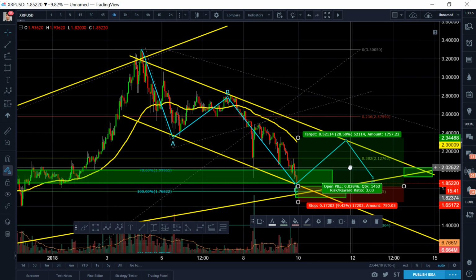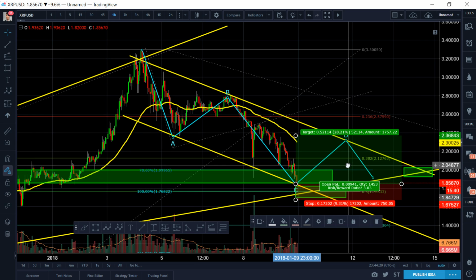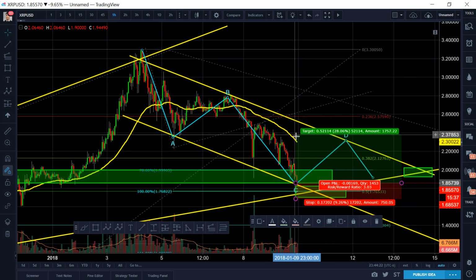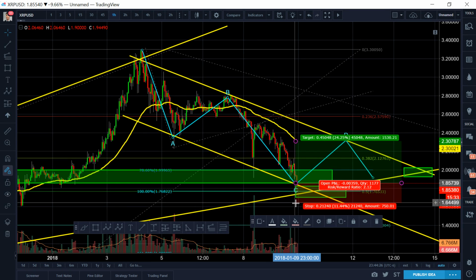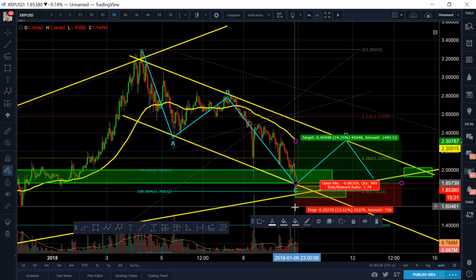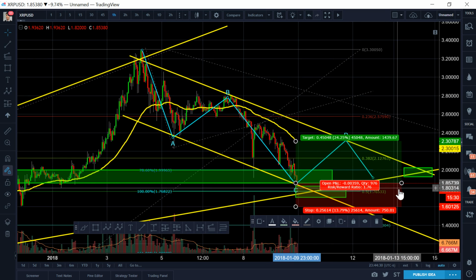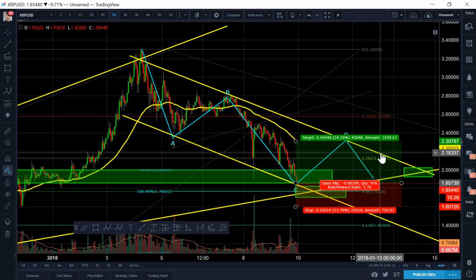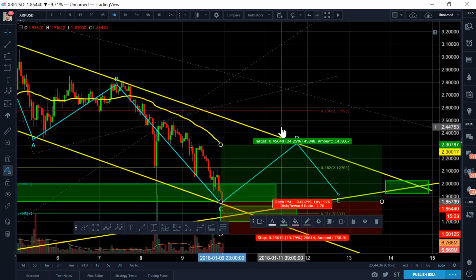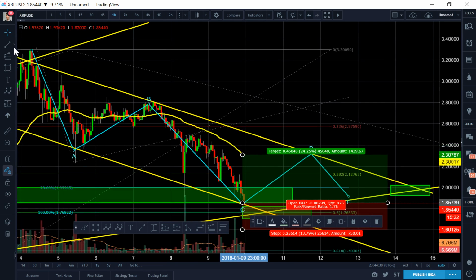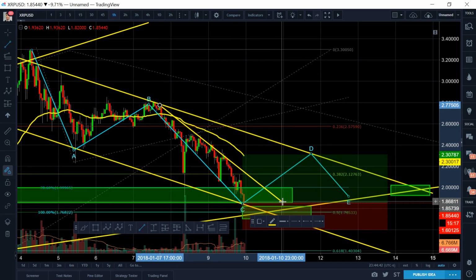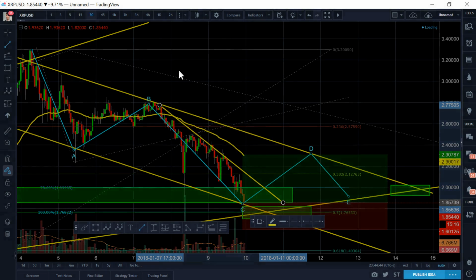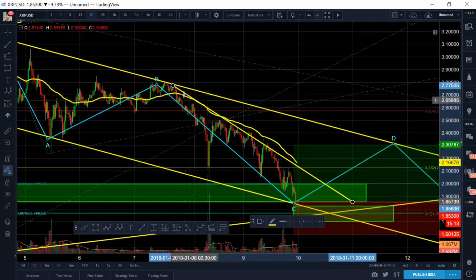So I want to put some of my cards on the table. Right now, as it stands, my risk to reward ratio with a stop at 1.60 is not that desirable. It's about 1.76, right? And now, what is confirmation? Well, confirmation would be basically breaking out of this wedge, if you guys remember.